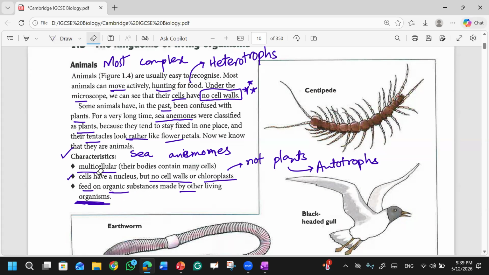Are they heterotrophs or autotrophs? Yes, they are heterotrophs. So they cannot be in the category of plants, because plants are autotrophs. Are you getting this? By knowing these characteristics, they confirmed that sea anemones should be in the animal category.